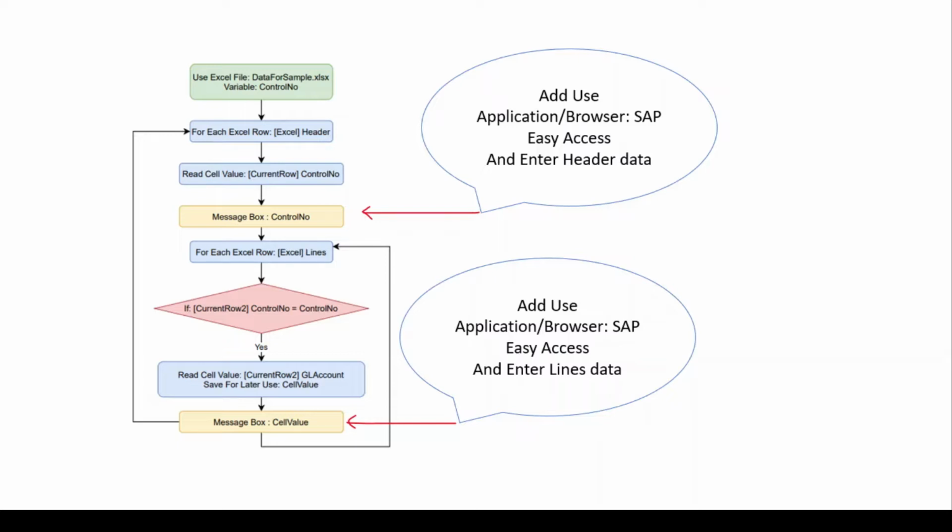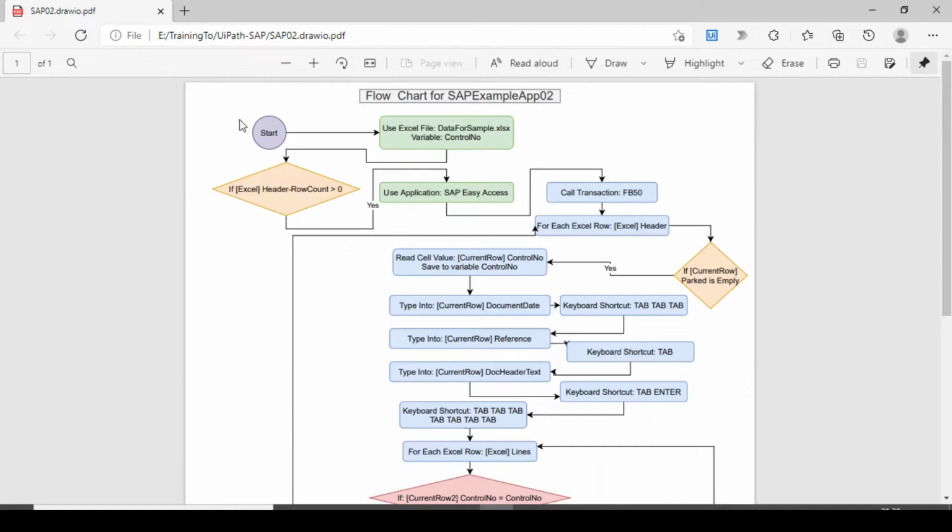One was the header sheet and another was the line sheet, and our objective was to traverse through each row of the header sheet and then traverse through the lines sheet for the control number. Now we want to add our new activities or set of activities at these places to accomplish this task. This is the chart I have prepared for you.